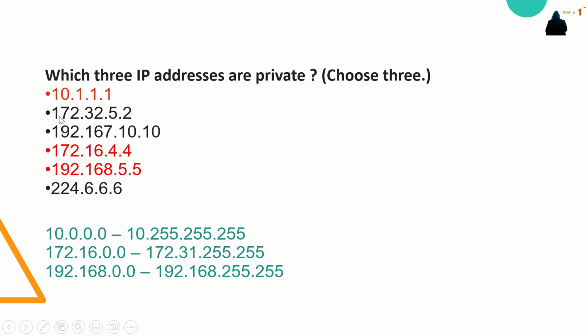As you can see, for example, this one is not in this range because it has 32 in the second octet and is a public IP address. It's not private, you cannot use it as private. It is among the ISP, internet service provider, assigned public IP addresses.